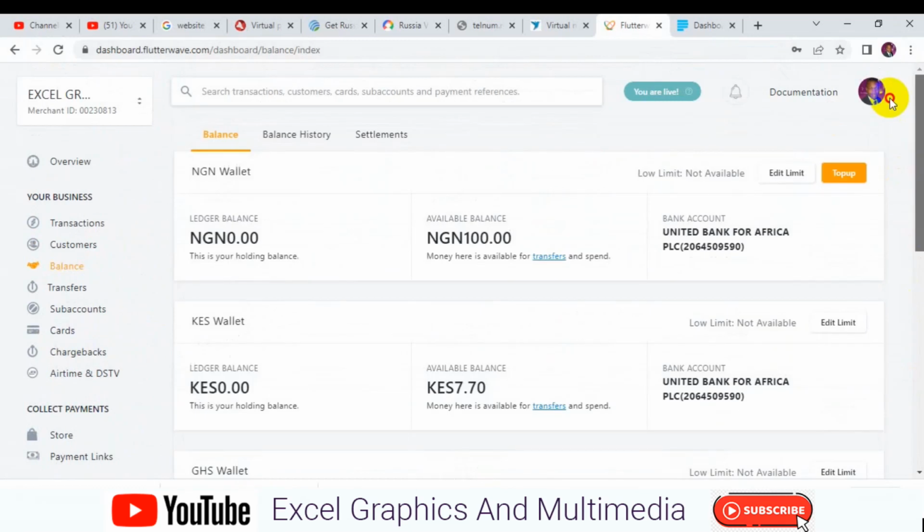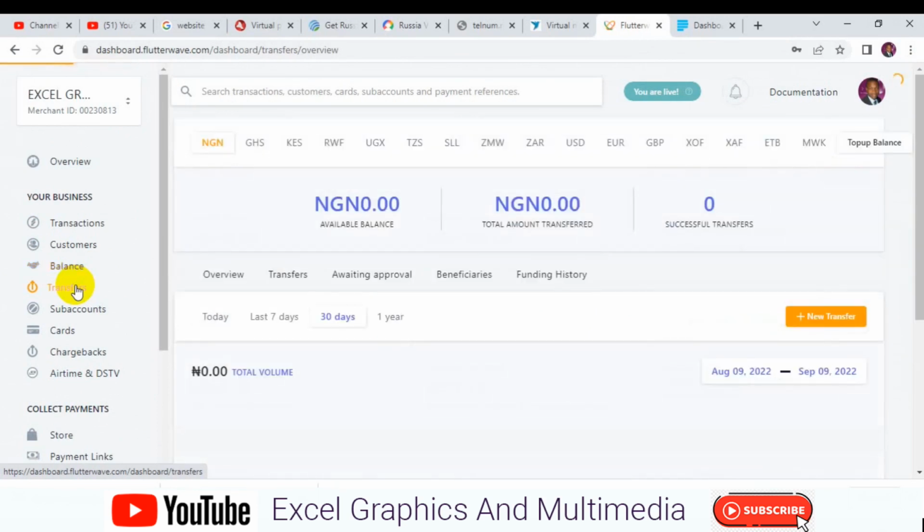One more thing about FlutterWave is that when you want to process a transfer from your FlutterWave dashboard, FlutterWave only supports Naira accounts. I don't know why they don't support USD accounts.